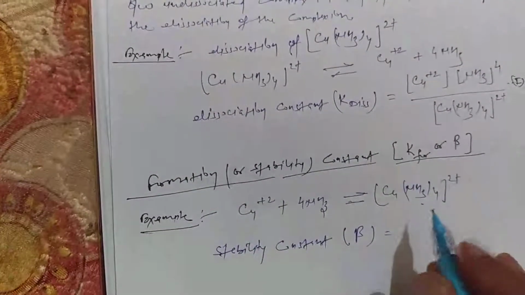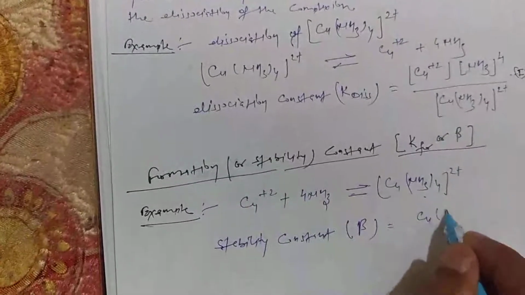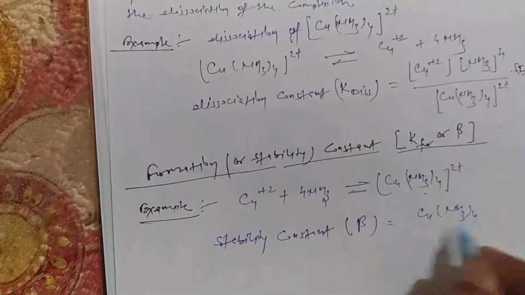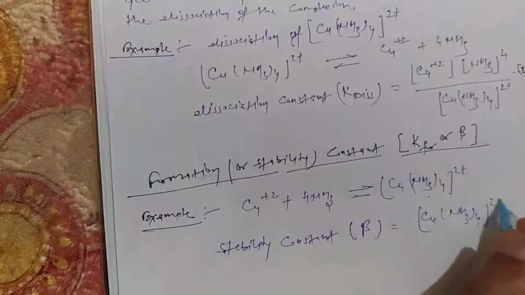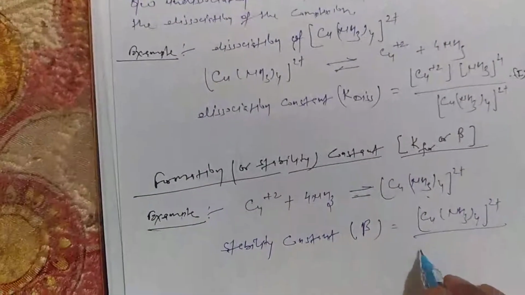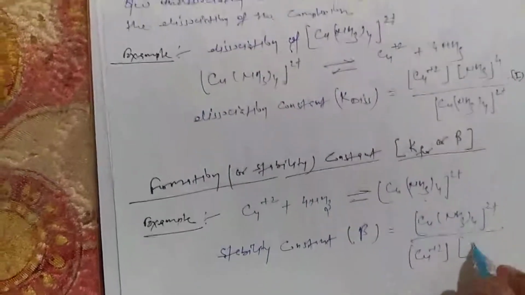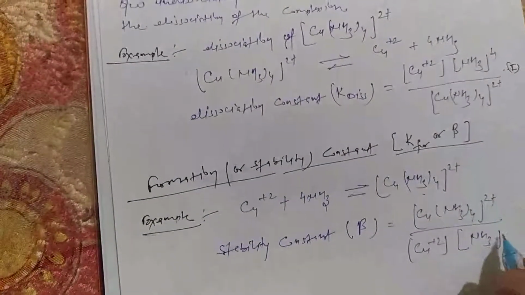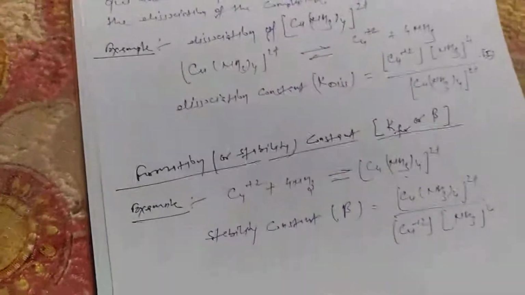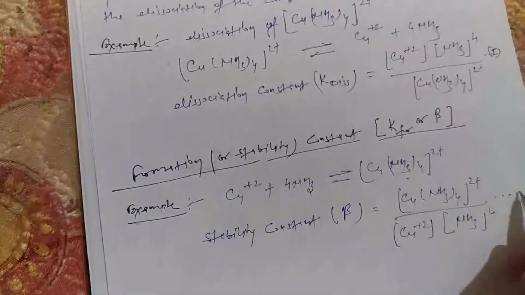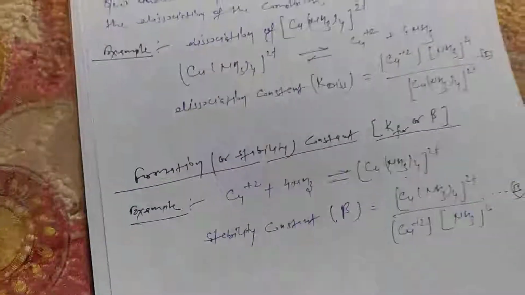Again, product upon reactant, so product is Cu(NH3)4 2 plus, and at the reactant side copper 2 plus and NH3 to the power 4. So this is nothing but equation number 2.